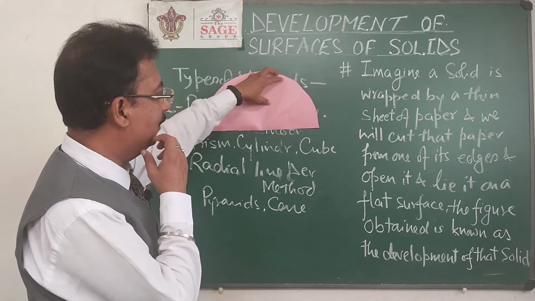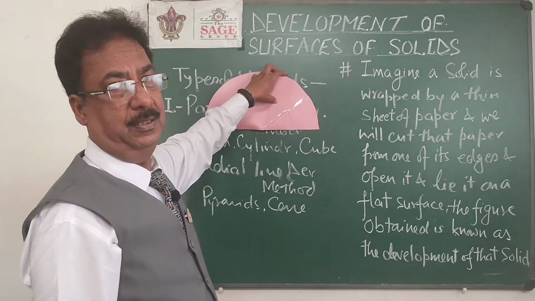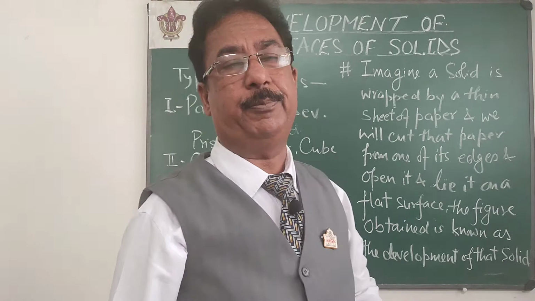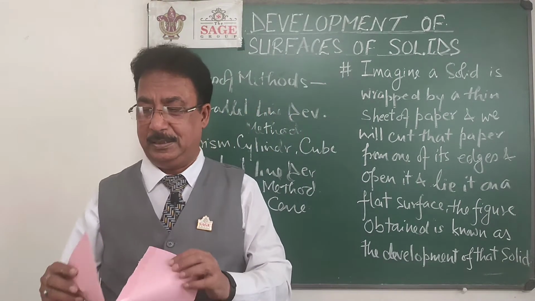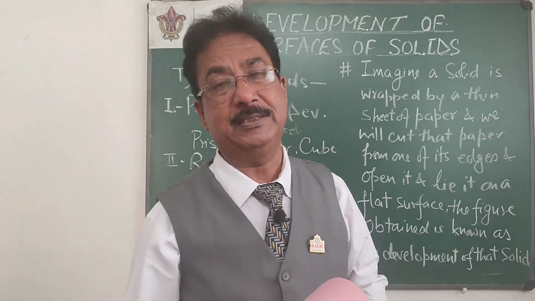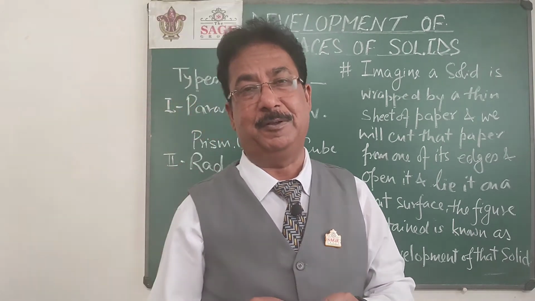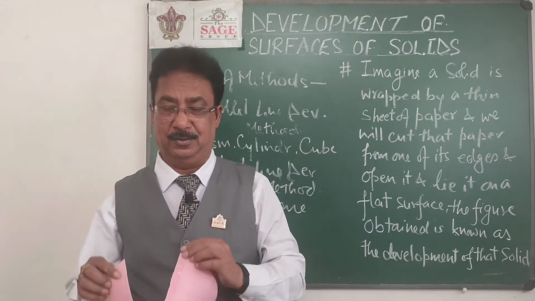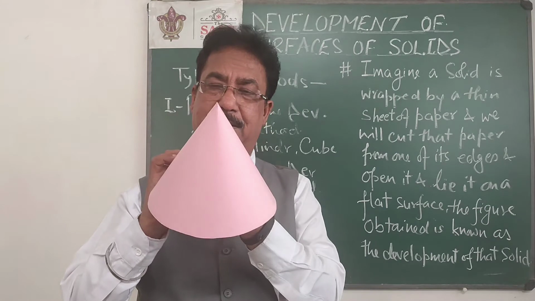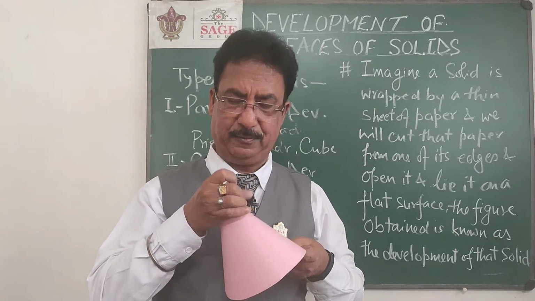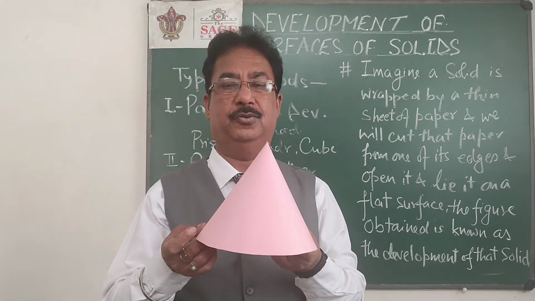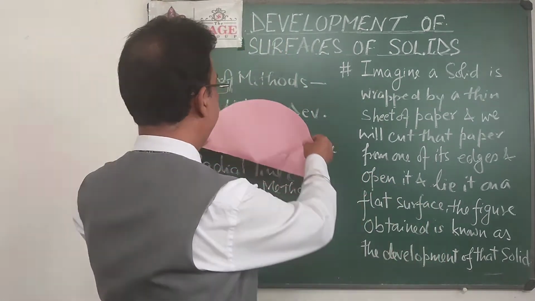As already discussed in a problem of section of solid, when the length of the generator equals the base diameter, the development will be a semicircle. If I fold it back, I will get the required cone. So this is the development of a cone.